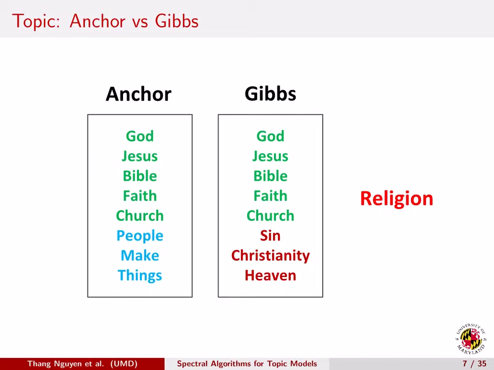Where it doesn't do so well is that the topics it finds sometimes include these general words like people, make, things, that when compared to what you get from more traditional approaches could be replaced by much more specific, relevant words.